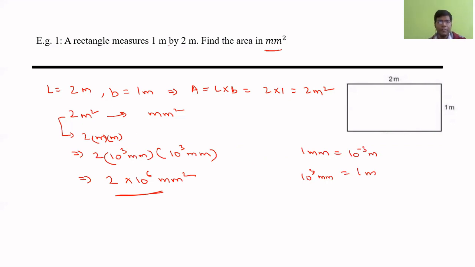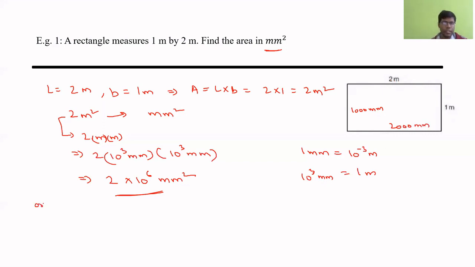Otherwise, in the beginning itself, you can convert the meters into millimeters. 1 meter is equal to 10 power 3 millimeters, which is 1000 millimeters, and 2 meters is nothing but 2000 millimeters.